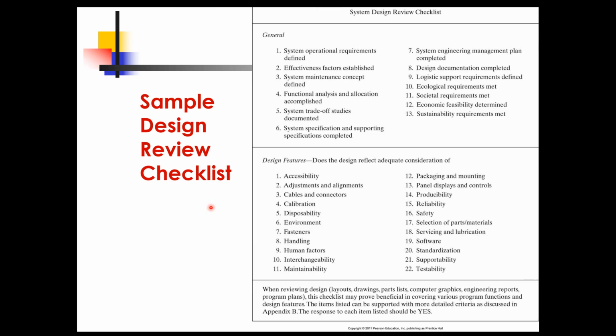One of the tools that are of great help are checklists. They're concise, they are easy to use, and everybody can relate to them. And you can have different categories. So here's another generic example of a design review checklist, where you look at general items and items related to design features.